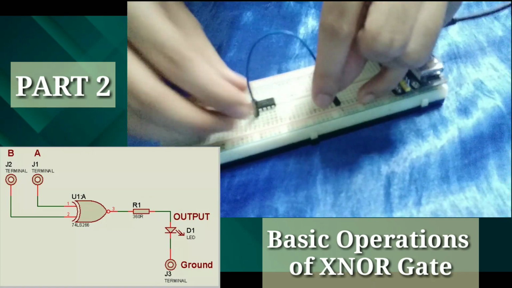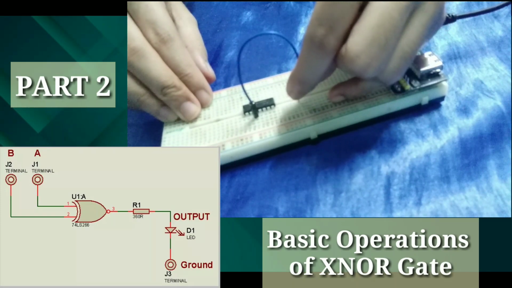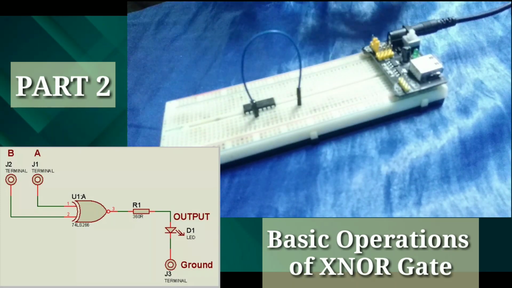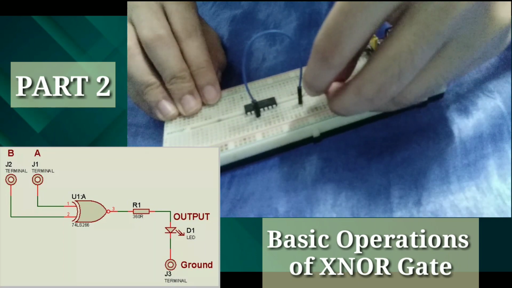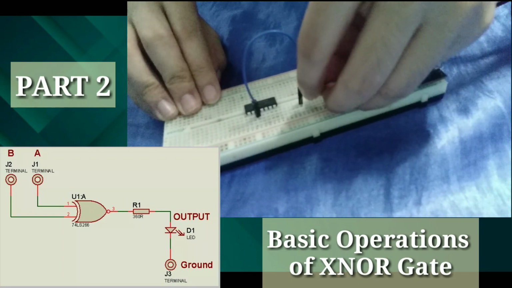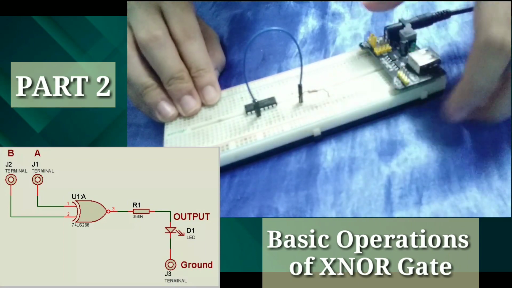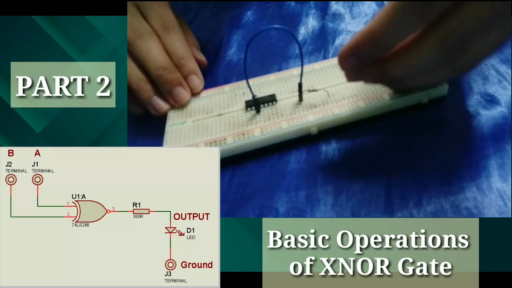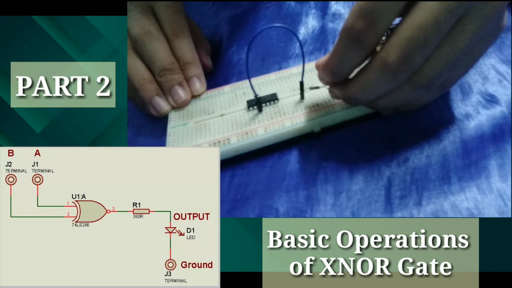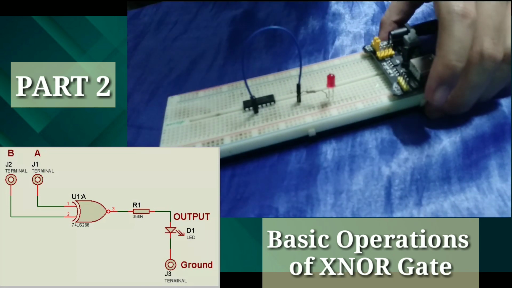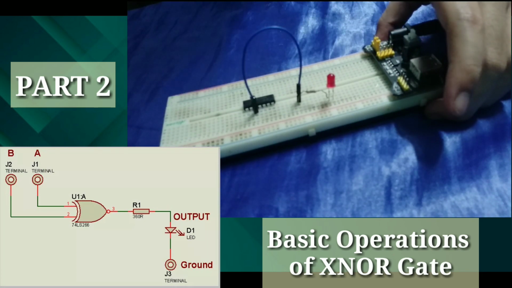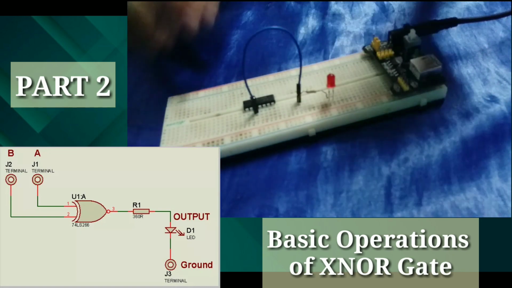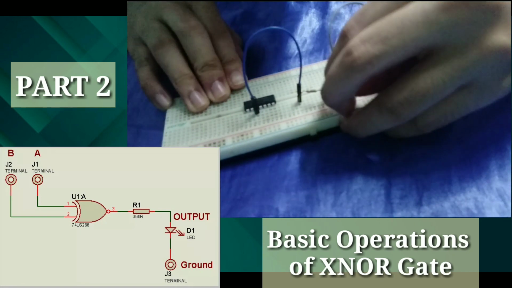So let's connect a connecting wire to our third pin, and from that, we will be connecting in series a 360 ohm resistor. Now, let's connect in series an LED to our resistor, and after that, let's ground our LED.